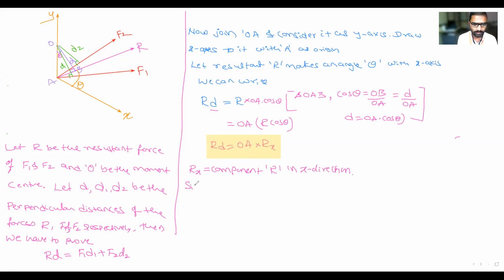Similarly, if F1x and F2x are the components of F1 and F2 forces in the x direction respectively.